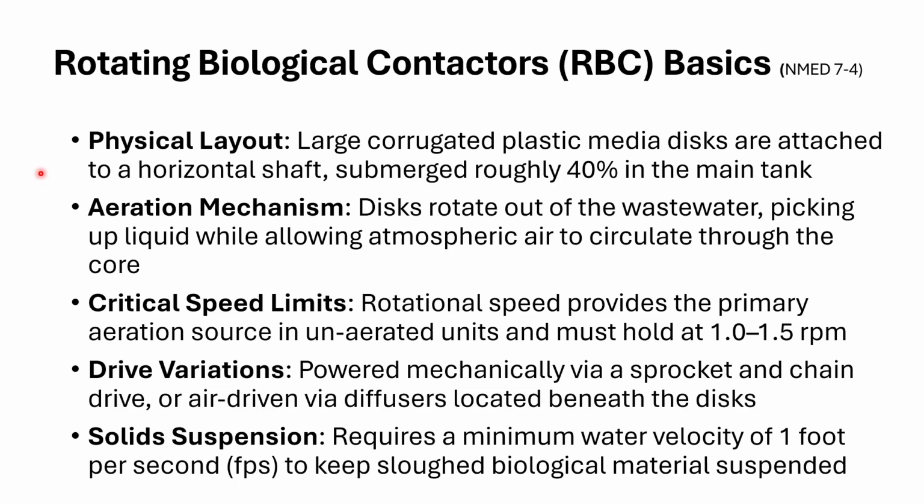And the idea here is when those discs rotate out of the wastewater, they're going to pick up liquid. They're going to have some of that wastewater. And as they rotate around, that wastewater is going to fall down. And that's how they're aerating it. You're allowing that wastewater to pass down through the air, and you have aeration. That's what's happening here, okay? These are fairly slow moving drums.